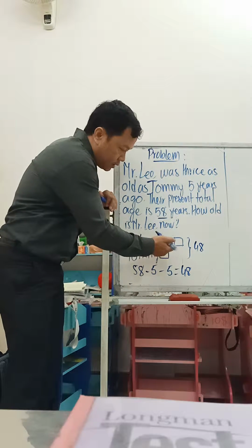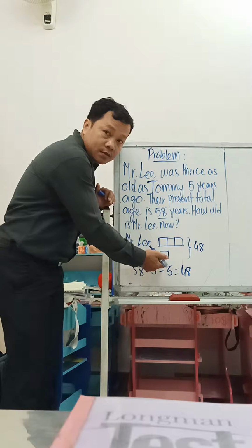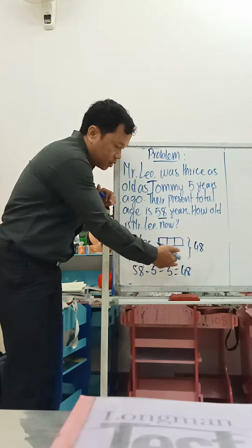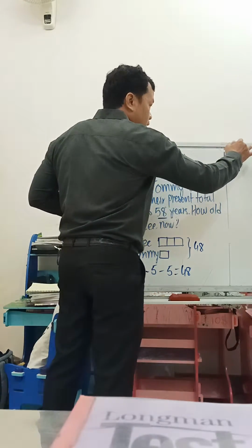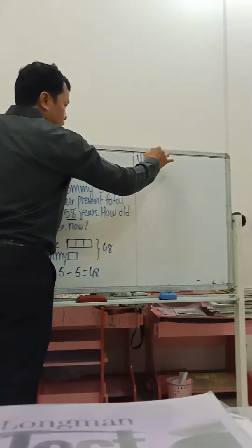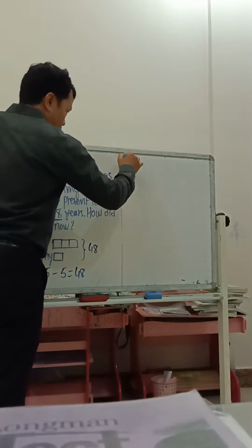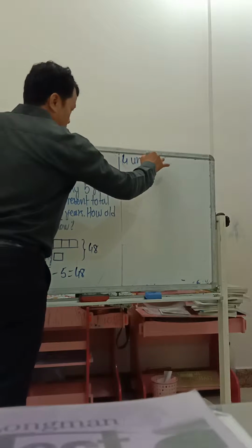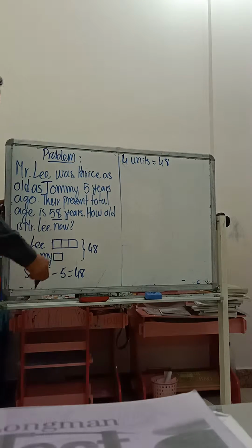And you know that Mr. Lee was 3 times as Tommy, and the total units, how many units are there? It was 4 units, right? Four units for 48. 1, 2, 3, 4.